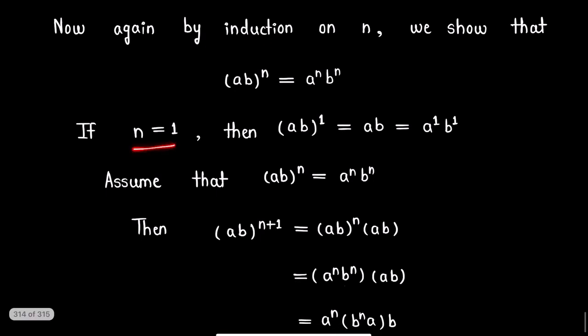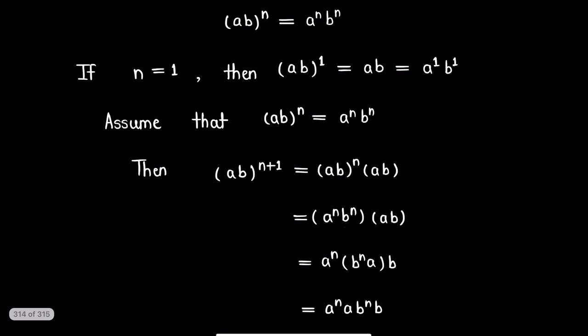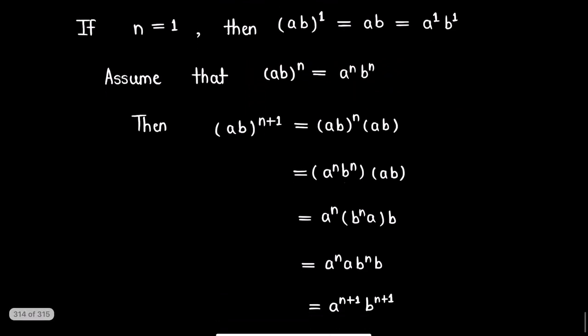So for n equals 1, we have (ab)^1 which is ab which is a^1 b^1. So the result is true for n equals 1. Now assume that the result holds when n is some positive integer, that is (ab)^n equals a^n b^n. Then we get (ab)^(n+1) can be written as (ab)^n (ab).